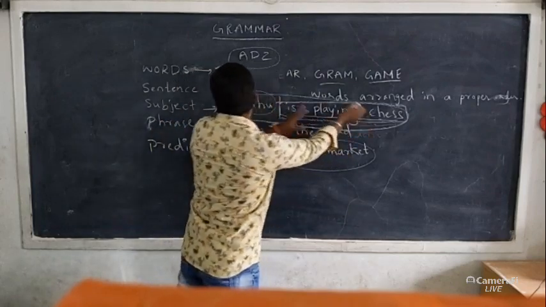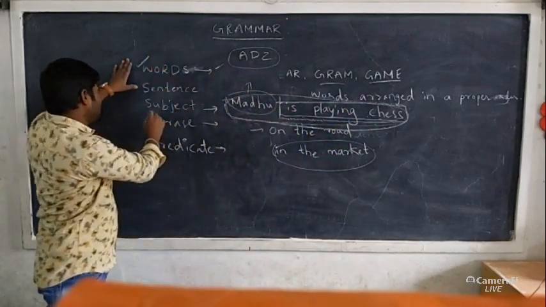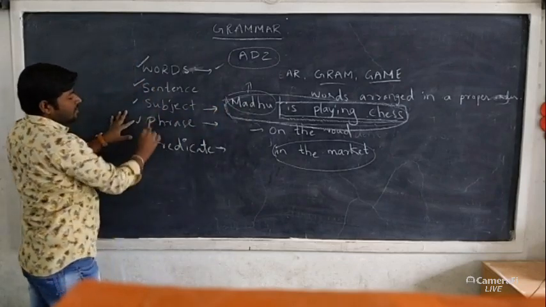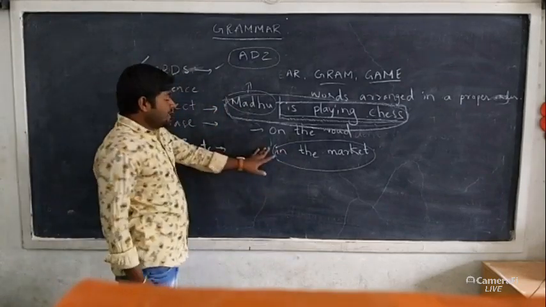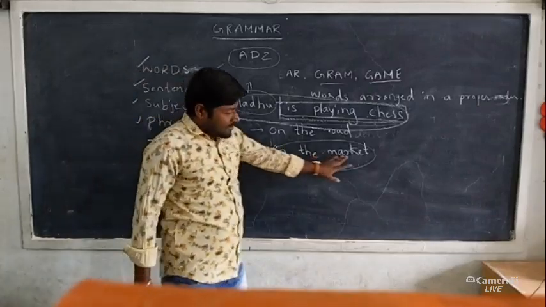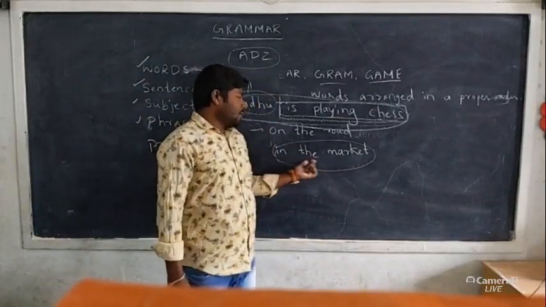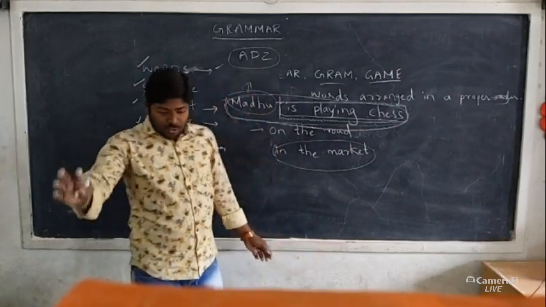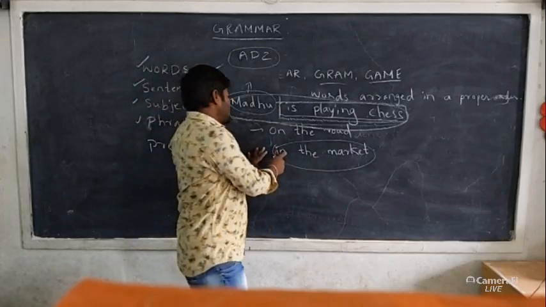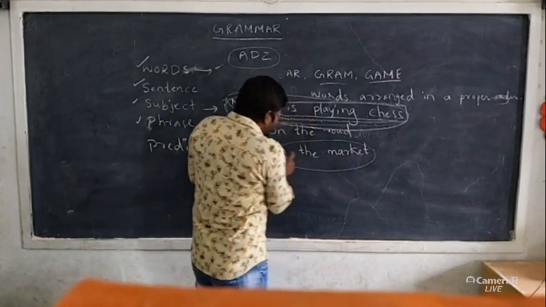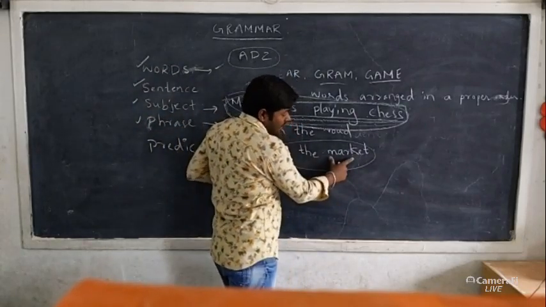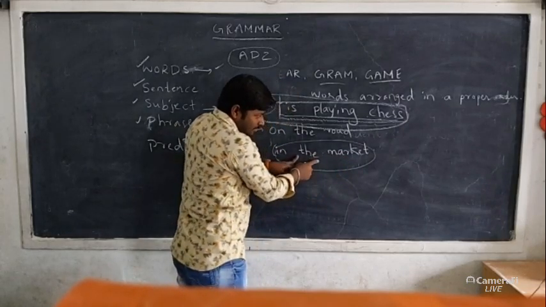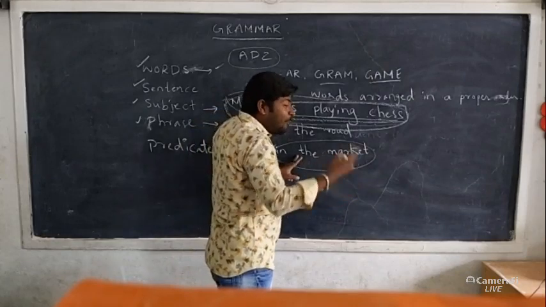First we understood word, sentence and subject, and now phrase. A phrase is nothing but a group of words, like in the market, or on the road, or in the classroom. In the market is a group of words in a meaningful order, but it doesn't give complete meaning.